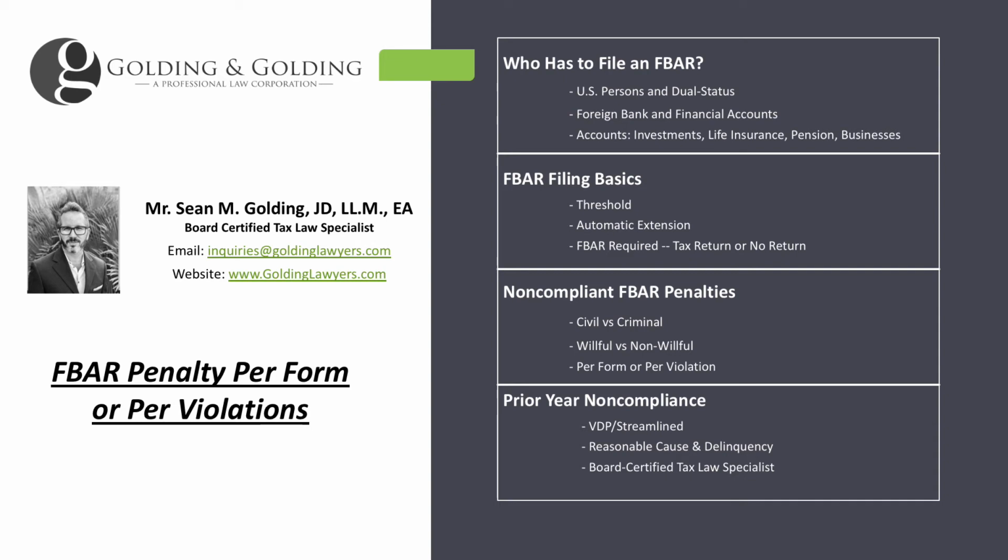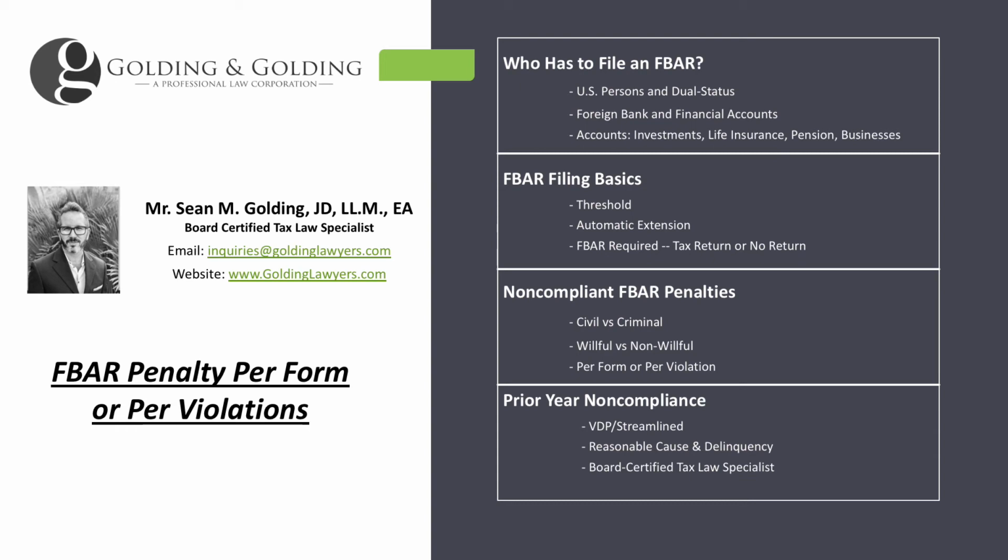So up to 50%, because your non-willful penalty can exceed what the willful penalties would be. Just for reference purposes, the willful FBAR penalty is the greater of 100,000, also adjusted for inflation. I think it's around 130 and change, or 50%, whatever's higher. So your floor is going to be that 130 plus $1,000 penalty.